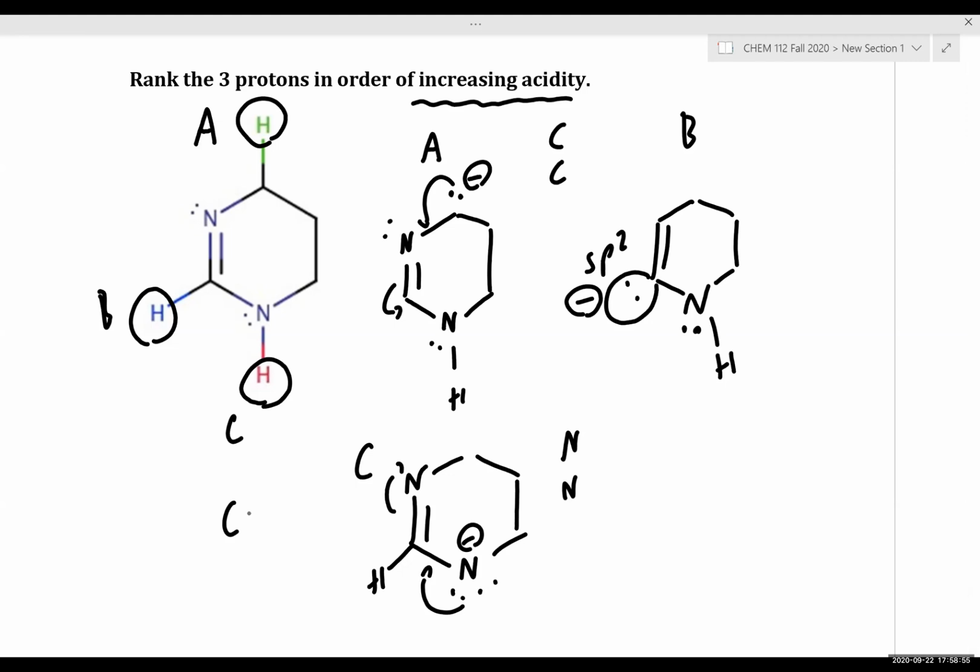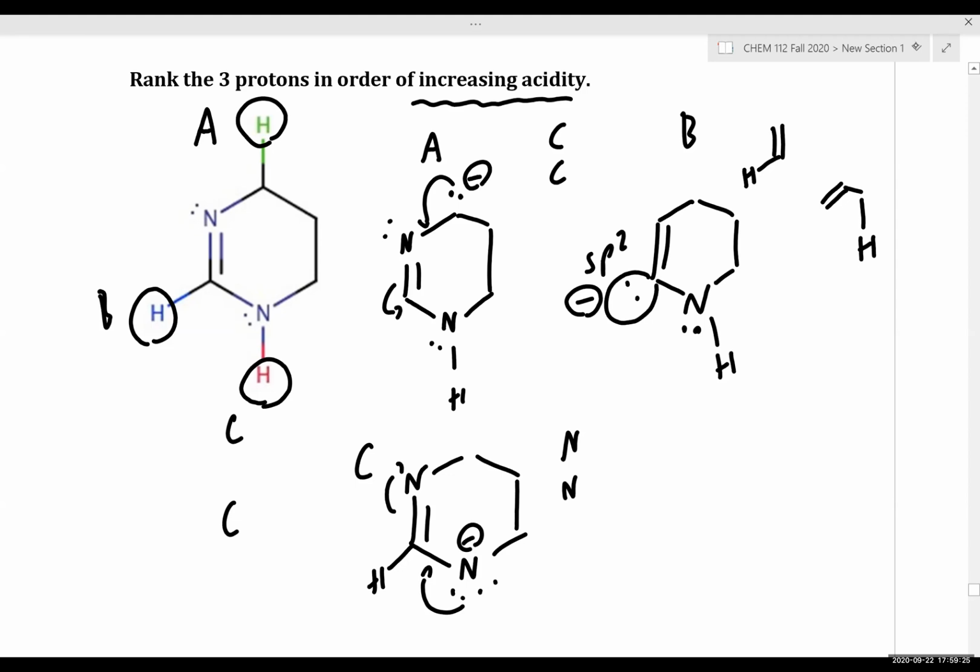And now we have to think which of these 2 protons, A or B, is most acidic. And this comparison has some interesting pedagogical value because we're essentially comparing the acidity of a vinyl proton to an allylic proton.